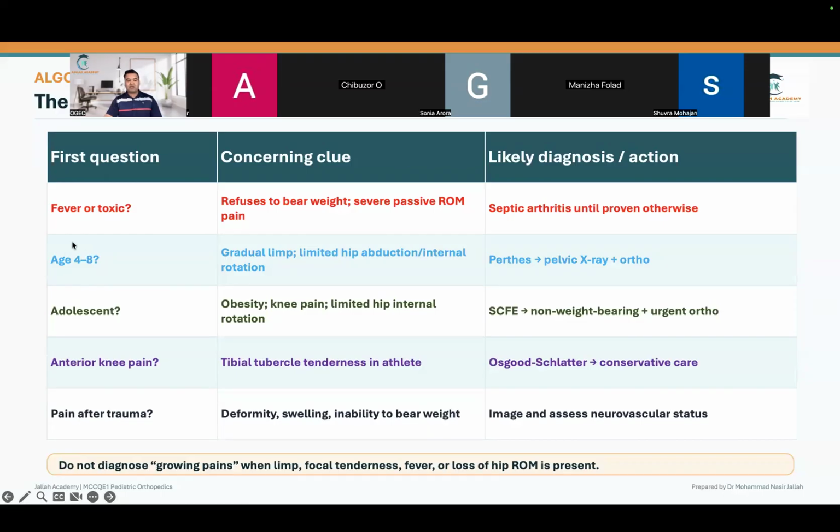If my patient is anywhere between 4 to 8 and has a gradual or chronic limp, with limited hip abduction and internal rotation, it is Perthes. I have to do an x-ray, plus I have to involve the specialist. Why? Because this requires urgent care by a specialist. This is not something that we can deal with as a family physician.